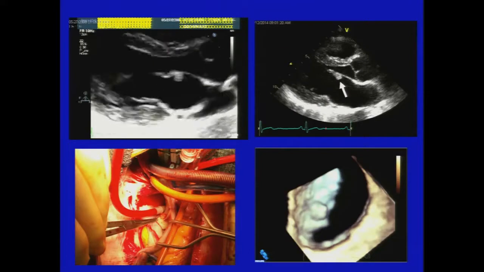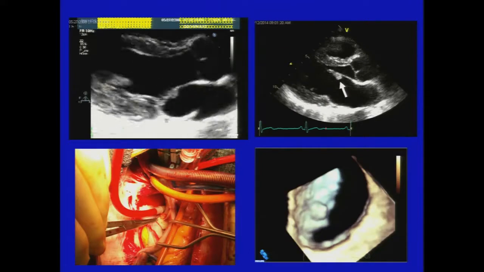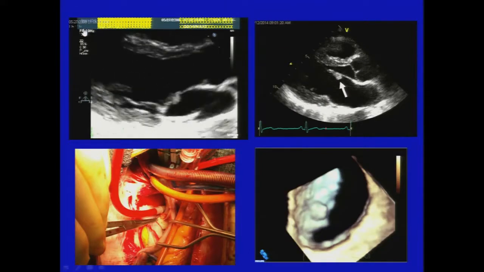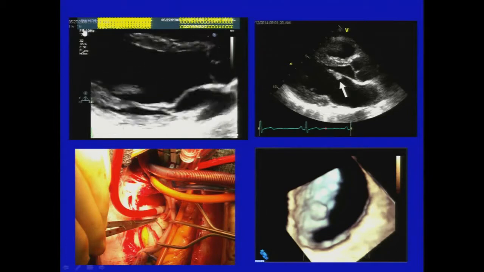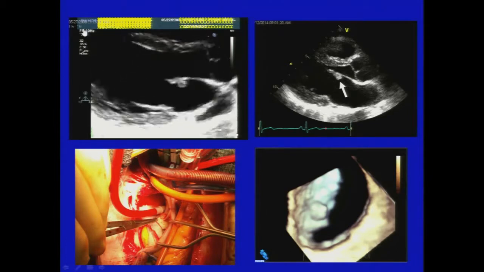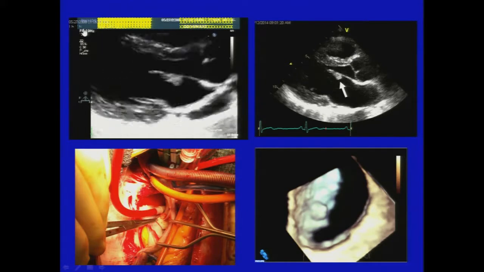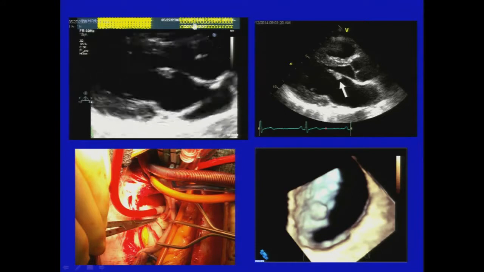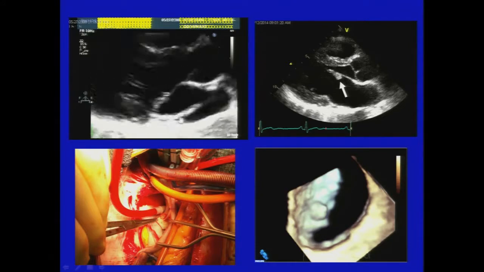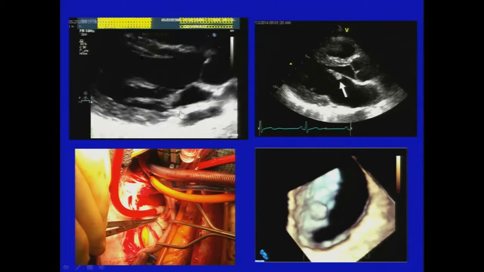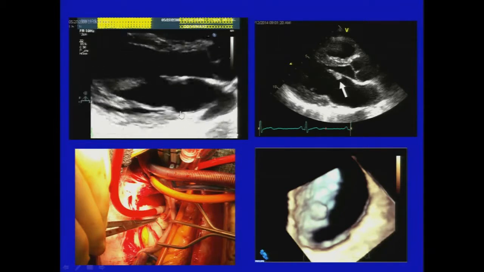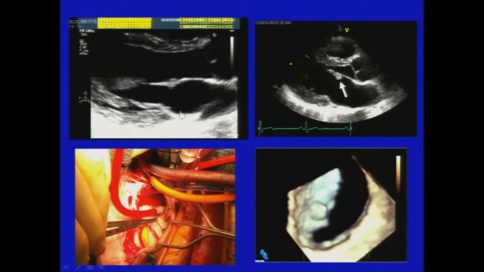Here's another case. This is a young man, you notice the date, 2008, who had a stroke. It was felt then that his heart valve was mildly thickened. He presented several years later with another stroke. And on the moving picture, you can see the mass here on the anterior mitral leaflet, and it has this characteristic speckled, shimmering appearance.